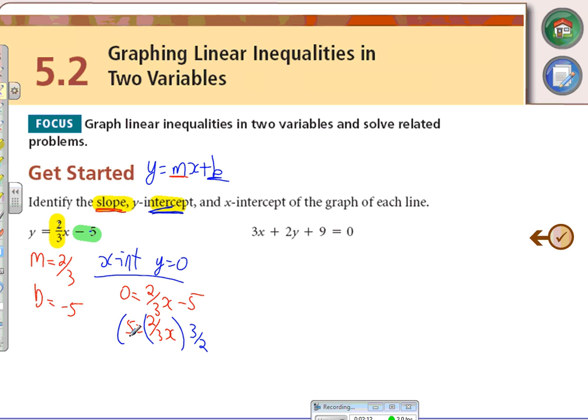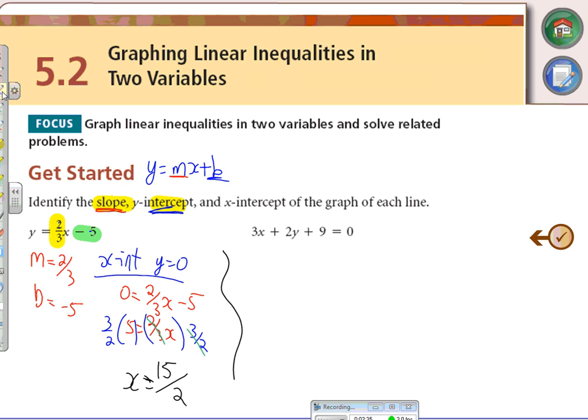Multiply by the 3/2 to cancel these ones out. That leaves us with x is equal to 5 times 3 is 15/2. X-intercept 15/2.